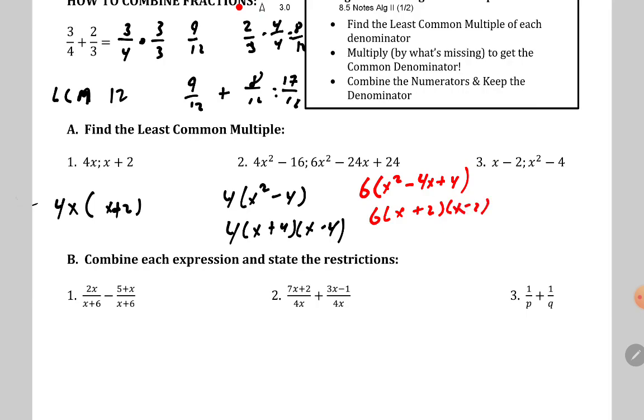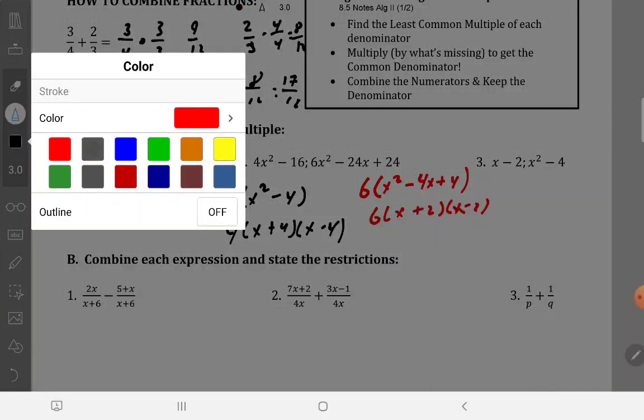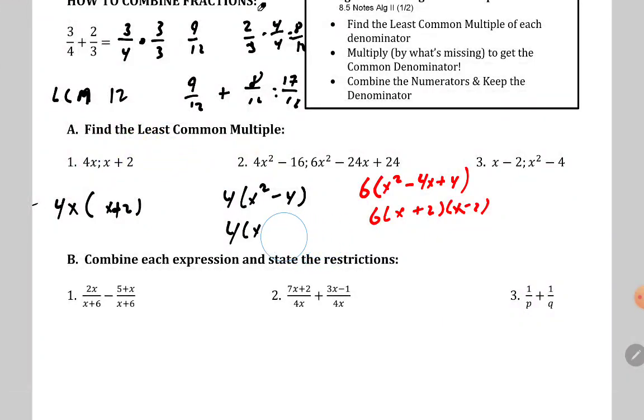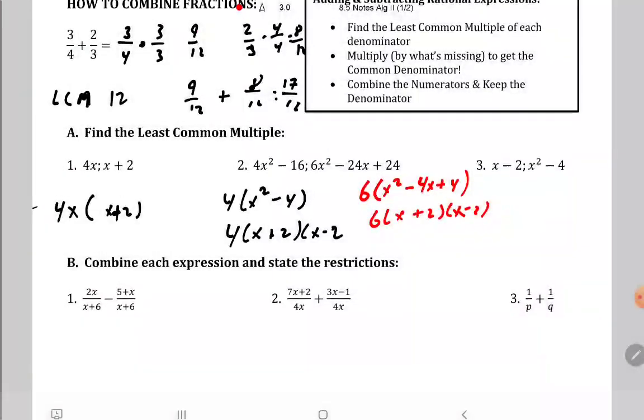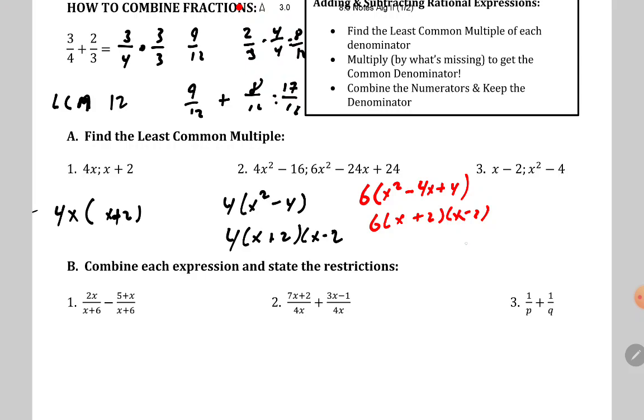I messed up on my first factor. X squared minus 4 goes into x plus 2, x minus 2. And this one in the red, I'm making so many mistakes here. This is going to be x minus 2 squared.